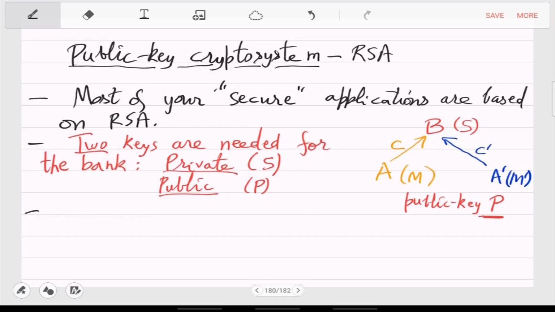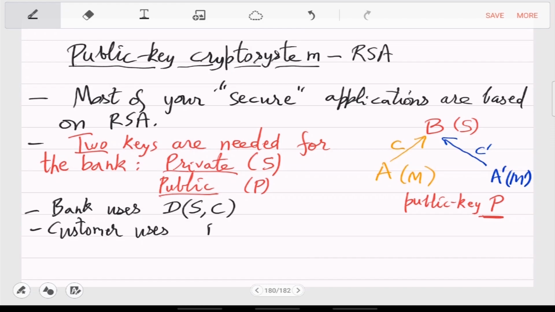Okay, so you don't know RSA then. So let's do RSA. So here let's set up the notation. The bank uses decryption with the private key and the ciphertext, while the customer uses encryption with the public key and message.